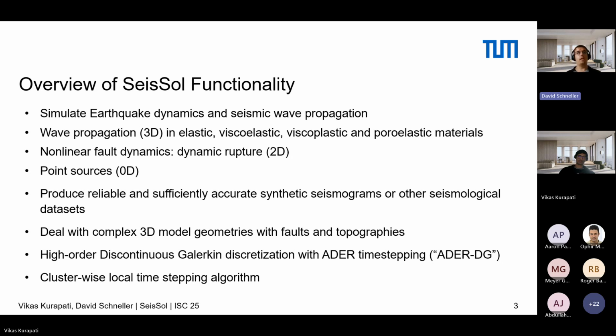This means that you only spend the computational power where it's really needed, but not too much anywhere else, compared to when you have one time step in all places.